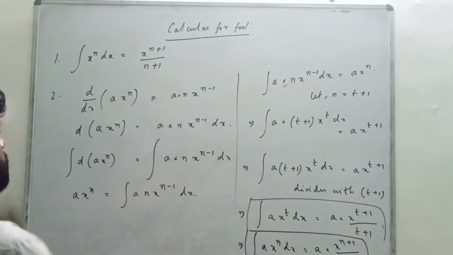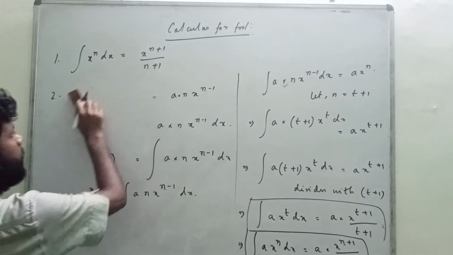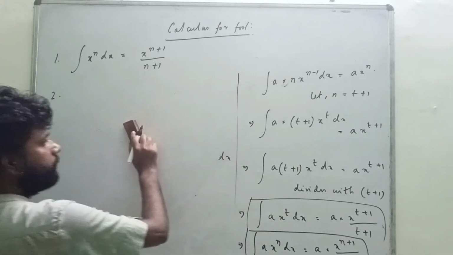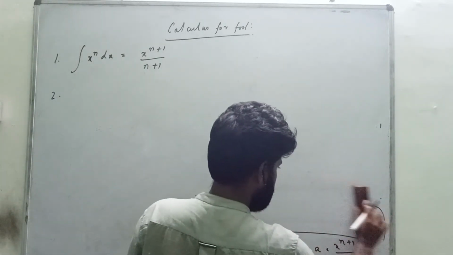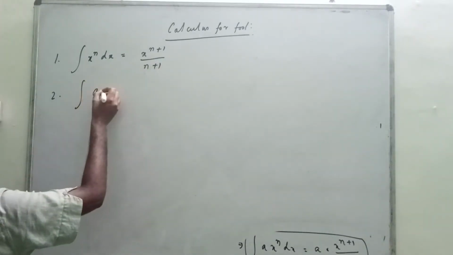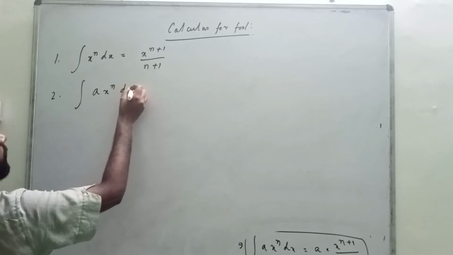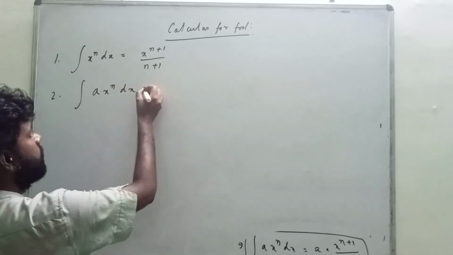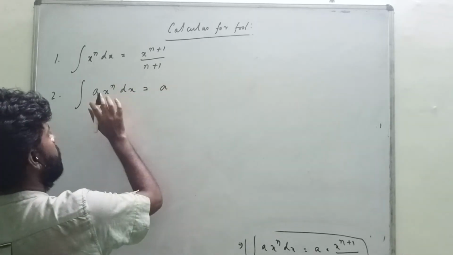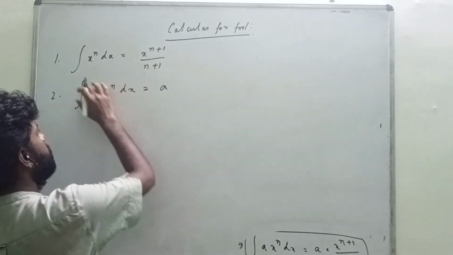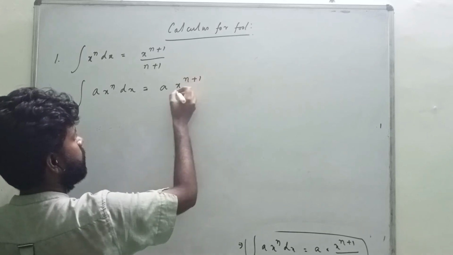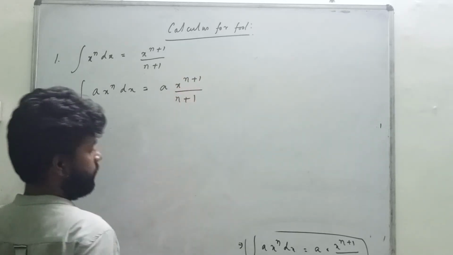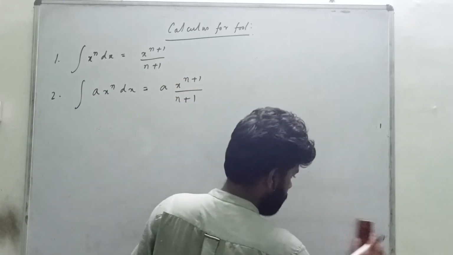If the integral of a x power n dx, then the constant remains constant, and for the integral of x power n dx, it goes to x power n plus 1 by n plus 1.